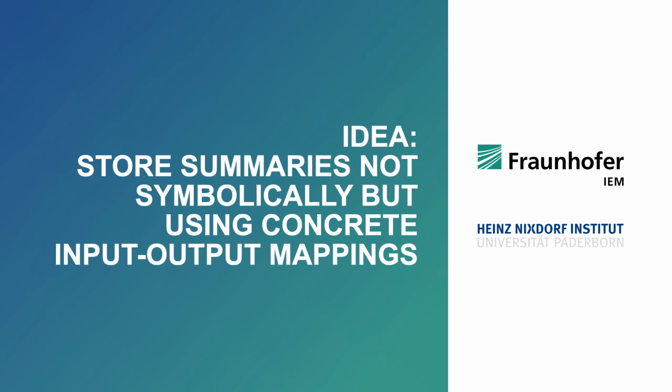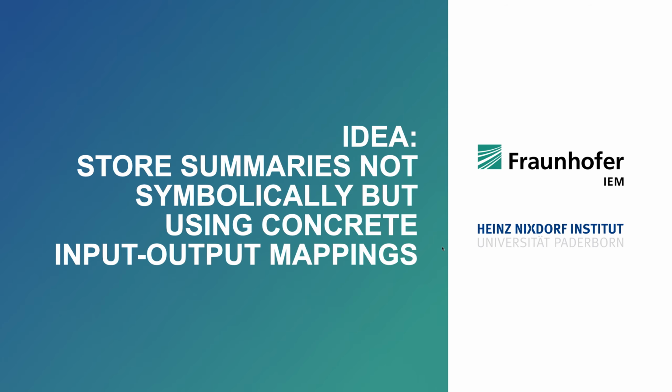The idea behind this approach, VASCO, is that we instead use summaries expressed through concrete input-output mappings. That means we are not storing procedure summaries symbolically; we are sort of executing the summaries directly on the input values, and we are only storing the results.